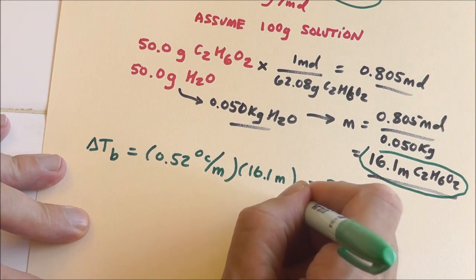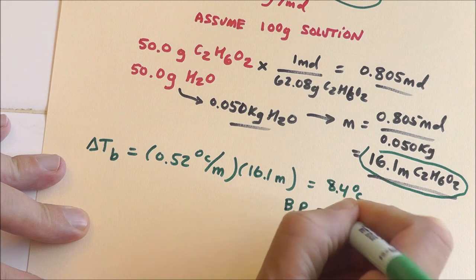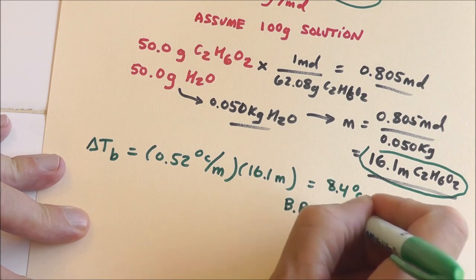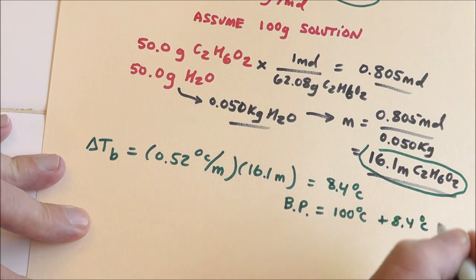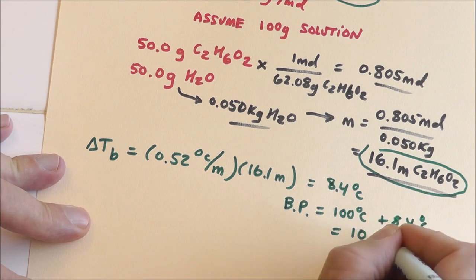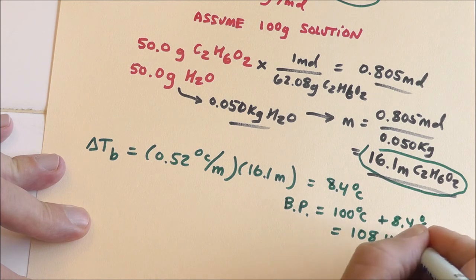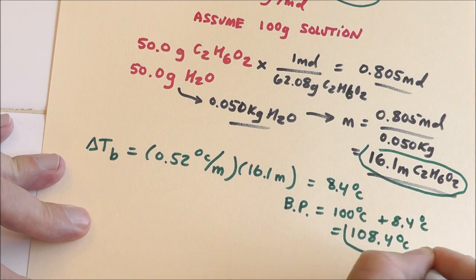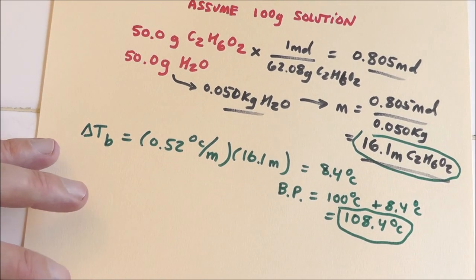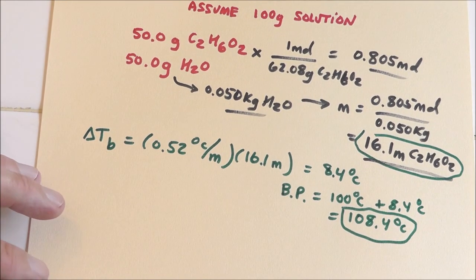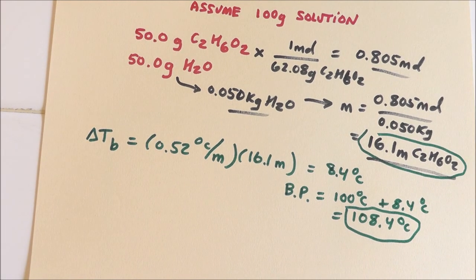The boiling point is going to be 100 degrees C plus the delta T. So we have elevated the boiling point to 108.4 degrees C, and that's the first part of the problem. And you might say, that doesn't sound like much. Well, hey, that helps your engine from boiling over, and I know it's warmer than that, but it's also pressurized in there, so it's acting like a pressure cooker.